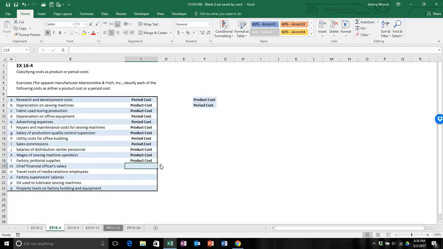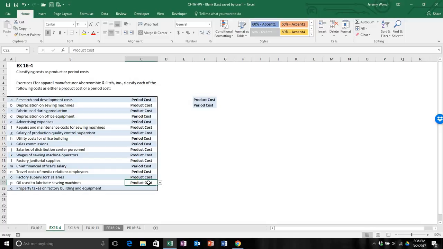He's not part of the manufacturing process, so that's going to be a period cost. Travel cost of media relations employees. They're not part of the manufacturing process, so that's a period cost. Factory supervisor salaries. Part of the factory, part of the manufacturing process. That is a product cost. Oil used to lubricate the machines is going to be a product cost, part of our overhead.